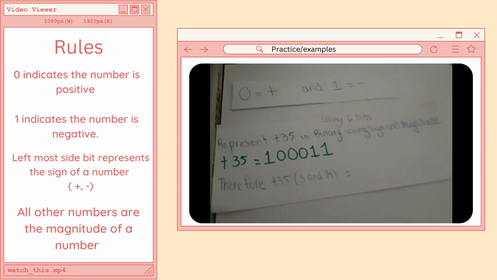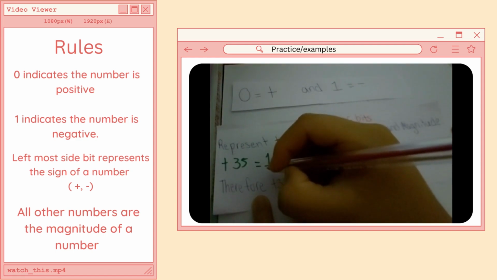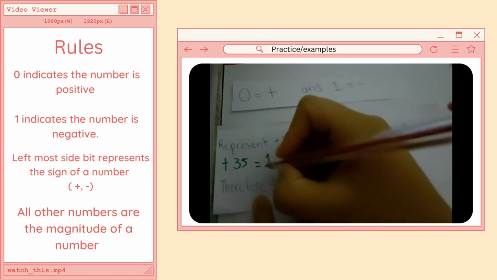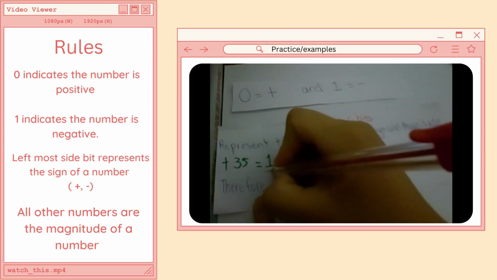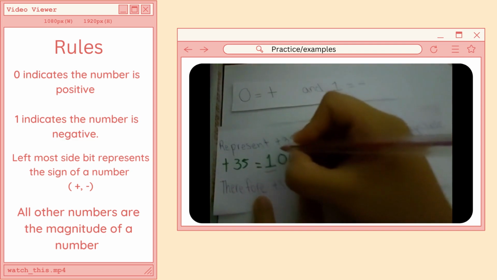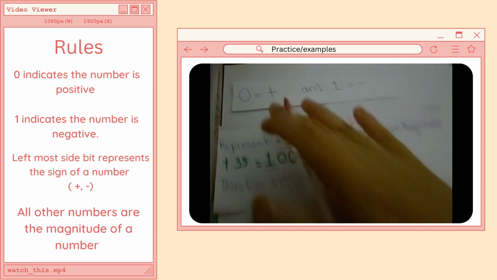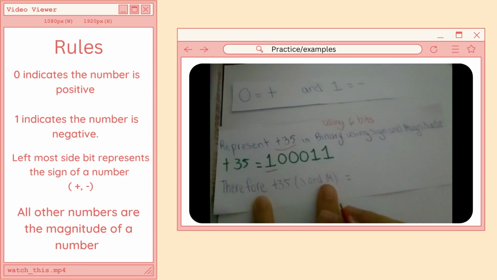Following the same procedure we did in the previous example, we look at the leftmost side, which is the 1. Here we are looking for a positive 35, and following the rules we can see that positive is represented by a 0.